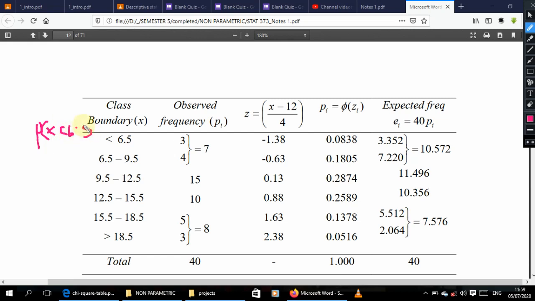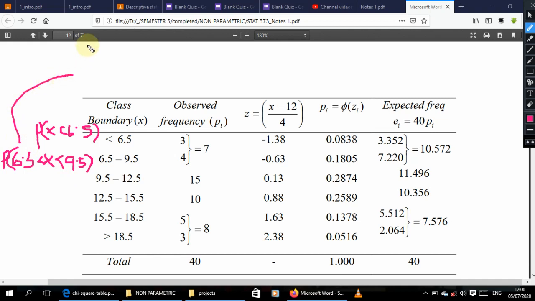Okay, right, but this part is between 6.5 and 9.5, so that is probability that, all right, we have 6.5 here less than x, all right, less than 9.5 and close. Okay, and remember how to write this.